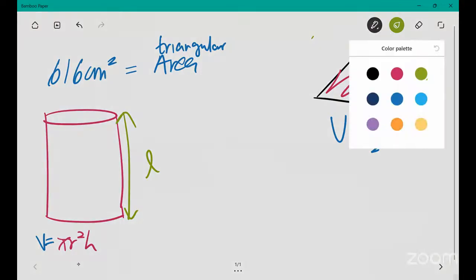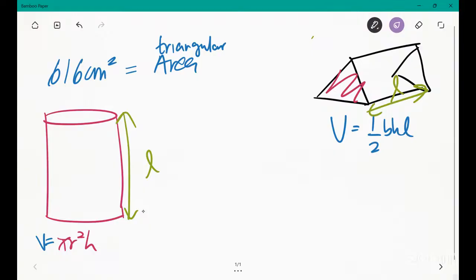Volume of both the prism and the cylinder is the same. So if the volumes are same, you can equate it. Pi r squared h, and here they said both are L, so I'll mark it as L here. So pi r squared L is equal to half BHL. Did everyone understand how I came to this?